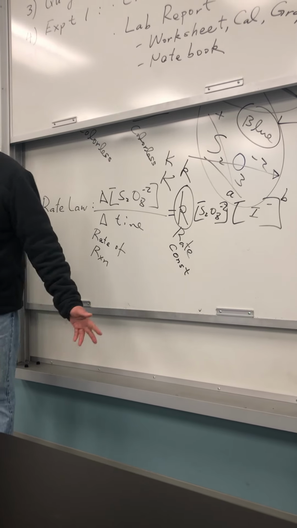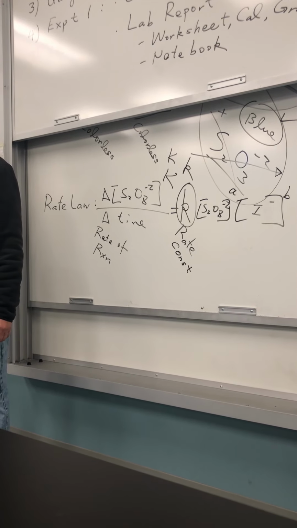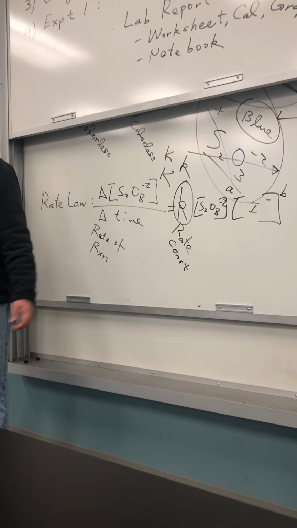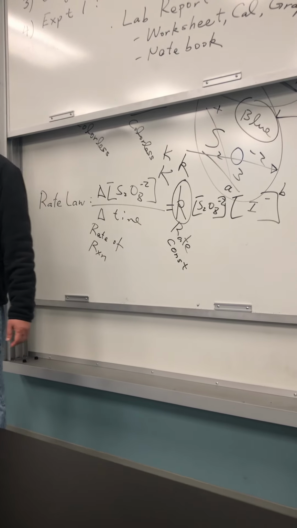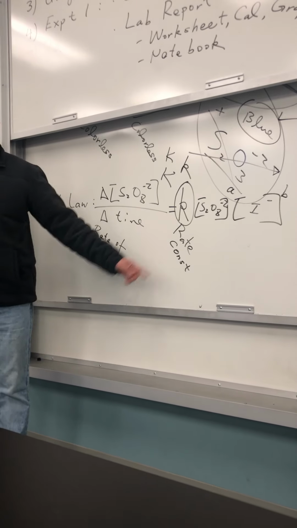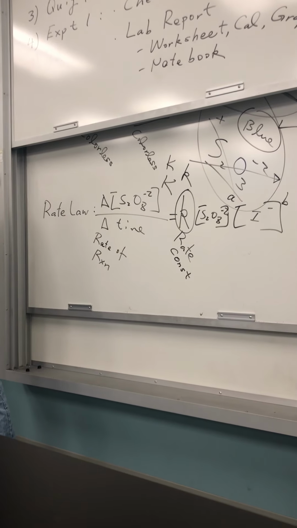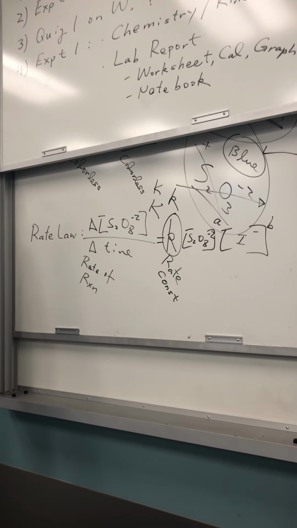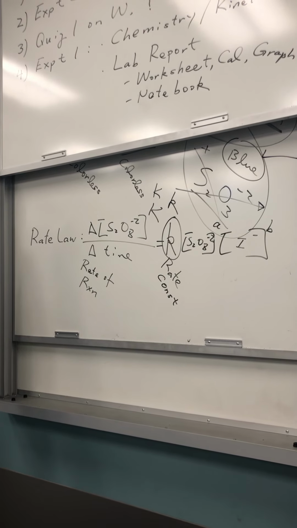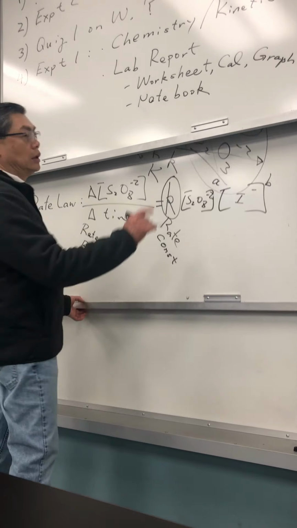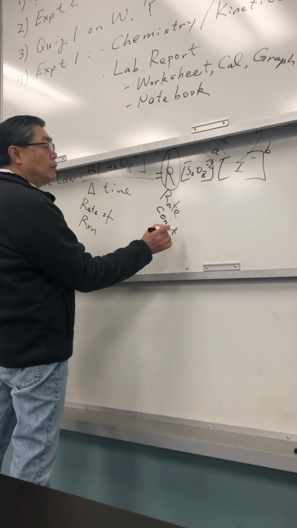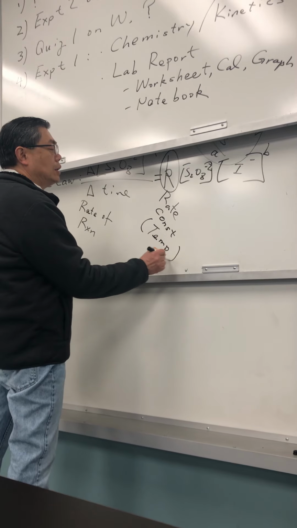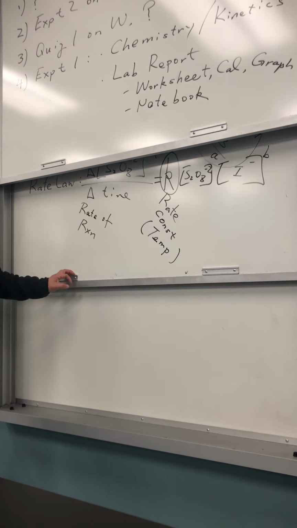Constant like gravity, for example. Constant like speed of light. Yes or no? No. But we say constant. What can make it different? This one would be temperature. So temperature dependent.